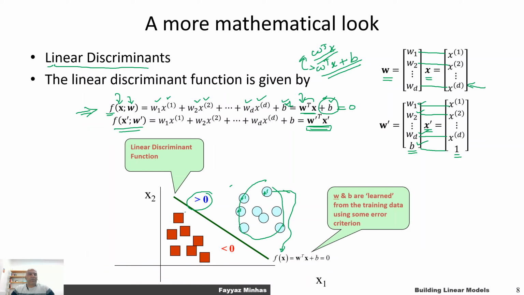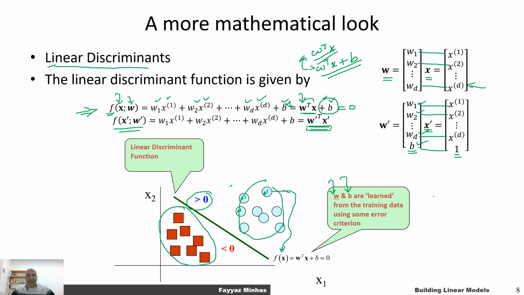And if you have examples that have been given a negative label, then we want these negative class points to be below the line, so they produce a negative score. So we want to learn these values of w and b, which we don't know in the beginning, such that all the points of the positive class are above the line and all the points of the negative class are below the line.